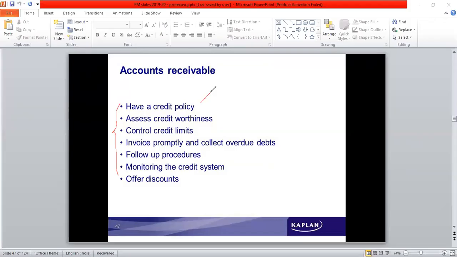So instead of borrowing from outside source, they can give an offer to the existing customers that if the payment is made within a stipulated period, then they can avail a discount of some percentage. Let's say that the credit period is given for 30 days. The total duration of credit period is extended for 30 days.